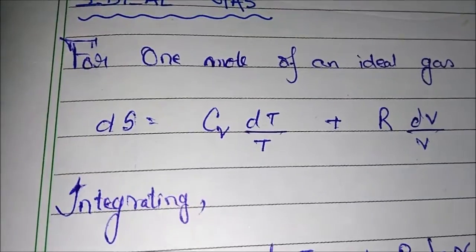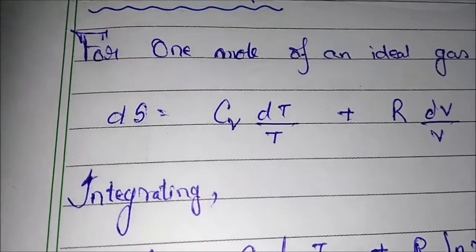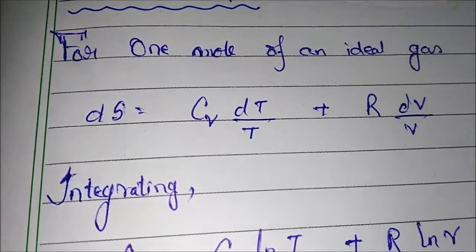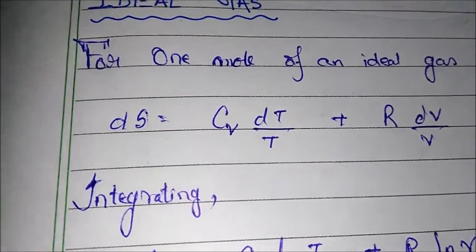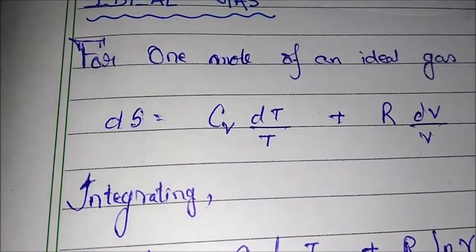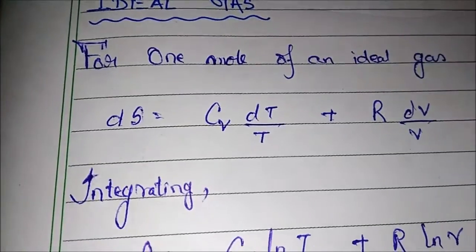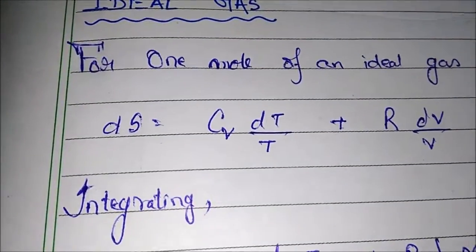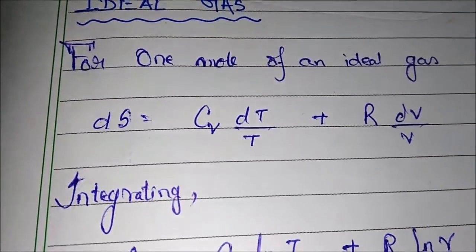Let us move to the Kelvin-Planck statement, or you can use the Clausius statement, whatever you like. The statement says that it is not possible to devise any heat engine that can take any amount of heat supplied to it and convert 100% of that into useful work.